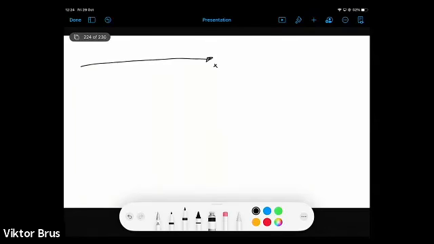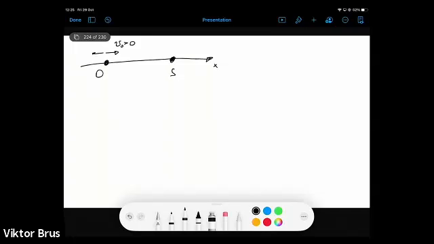This is some axis X. We have an observer and a sound source. We can consider that if the observer is moving towards the sound source, meaning along axis X, then the velocity of the observer will be positive.